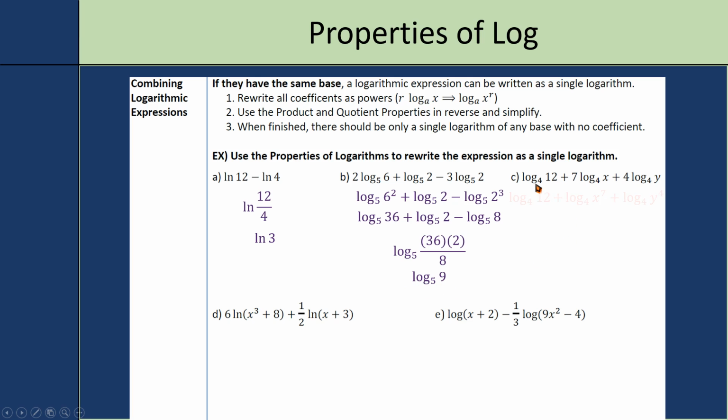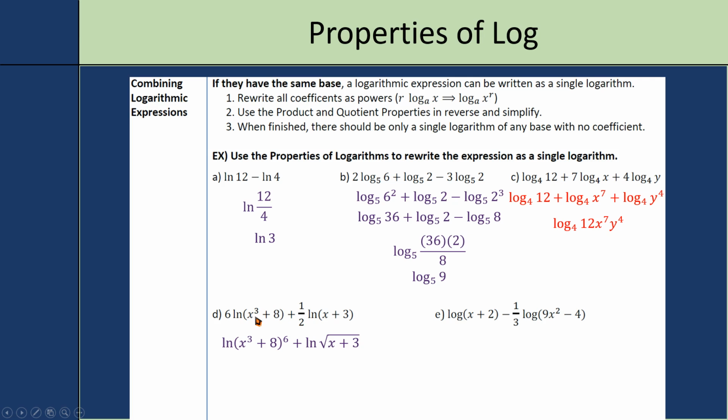Okay. This one, I move the 7 up here to become an exponent. I move the 4 up here to become y to the fourth. And I combine them. They're all positive, so they all multiply together. Oh, this problem. I move the 6 in here to become the exponent.